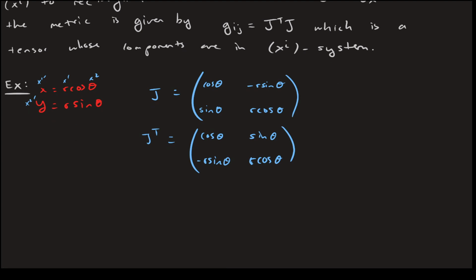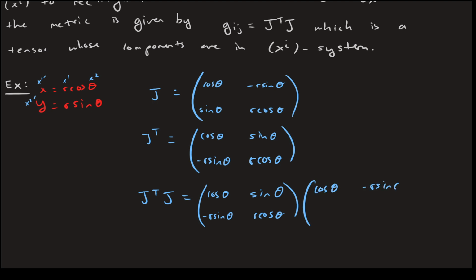And then J transpose J is equal to the matrix cosine theta, sine theta, negative r sine theta, r cosine theta times the matrix cosine theta, negative r sine theta, sine theta, r cosine theta.